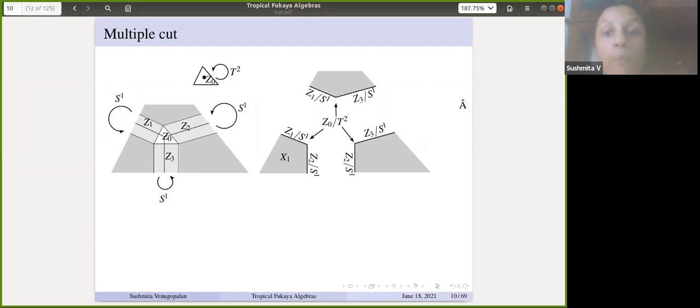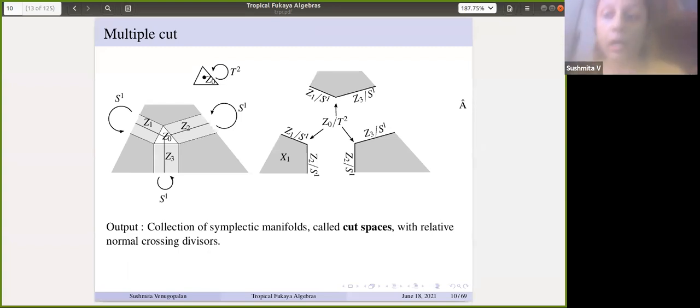And if you perform the cut, which is a multiple cut in this case, it's a standard thing. You disconnect along the hypersurfaces and mod out each of the hypersurfaces by the S1 actions. As a result, on the corners, in this case Z0 is a corner, you end up quotienting by your T2. So you get 3 smooth symplectic manifolds.